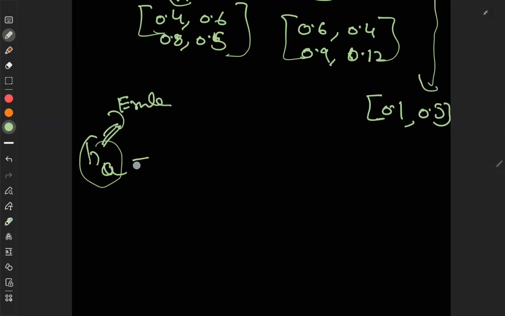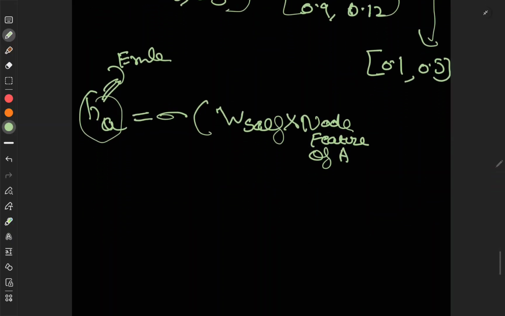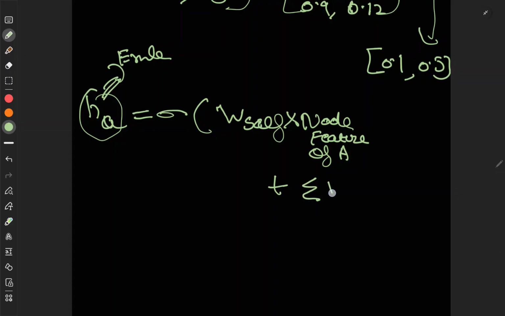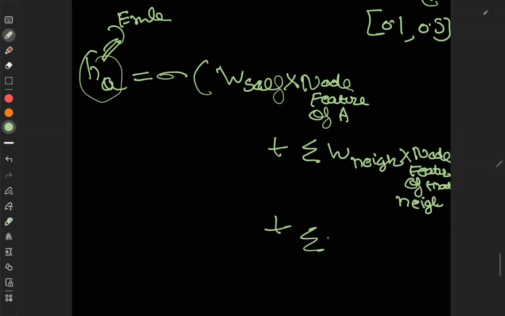Let's say A. H of A is equal to ReLU of weight of self into node features of A, plus summation of weight of neighbor into node feature of that neighbor, plus summation of weight of edge into edge of that particular neighbor.